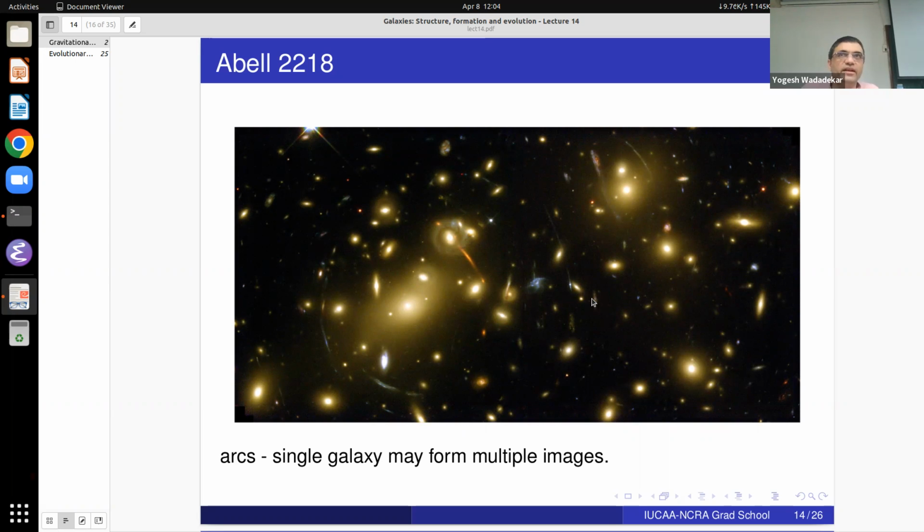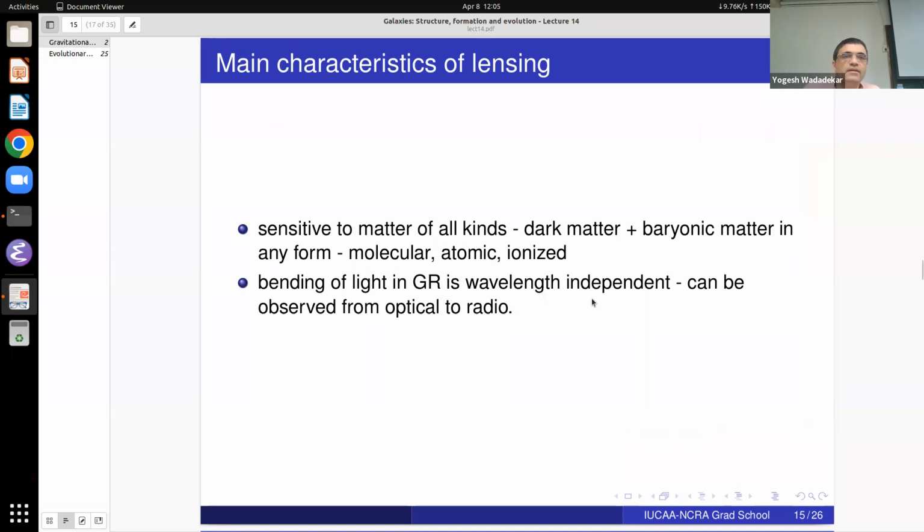Yes, I'm going to come to that. So a single arc can form multiple images, but you can also have multiple galaxies getting lensed by one cluster.